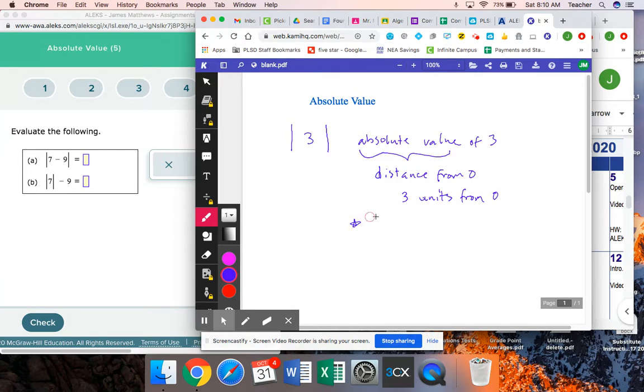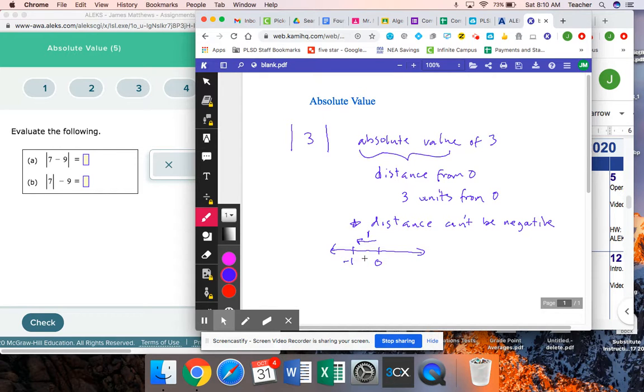Let me say with a star that distance cannot be negative. Distance can't be negative. I can say that I am going on the number line. If this is a 0, I can go 1 unit this way, so the distance is 1.